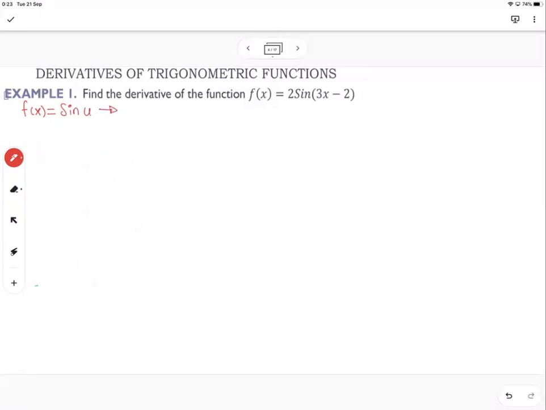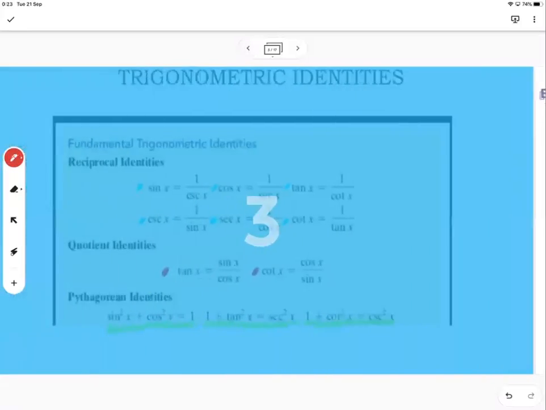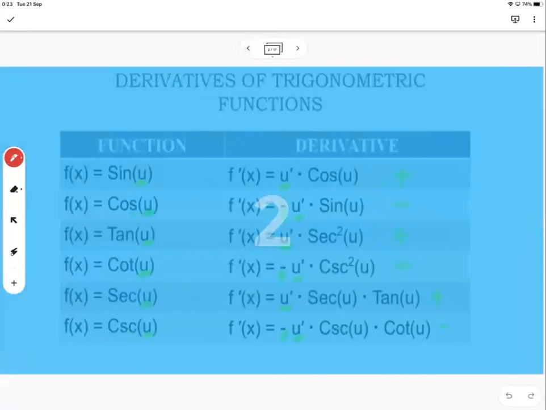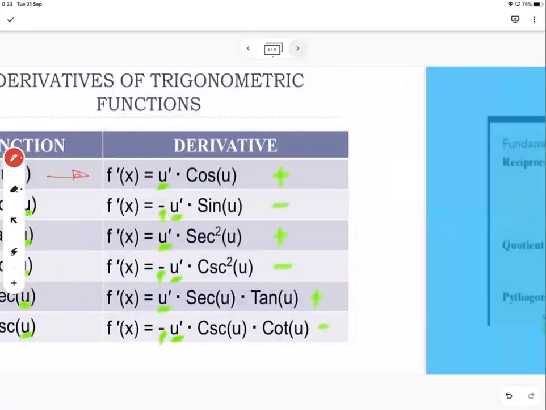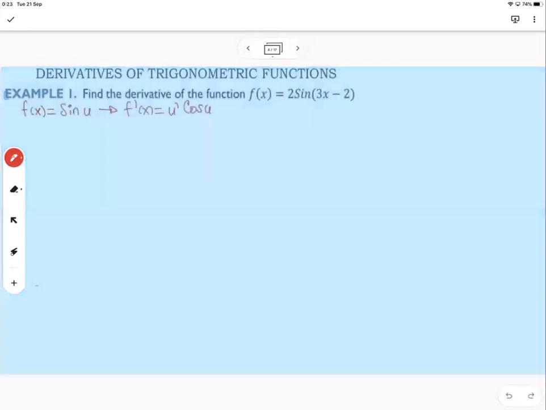The derivative of sine is u prime cosine of u, okay? That's the derivative of sine. If you want to go back to the formulas, you have them here. Okay, the derivative of sine is u prime times cosine of u.